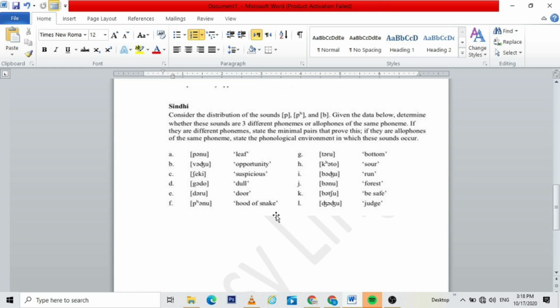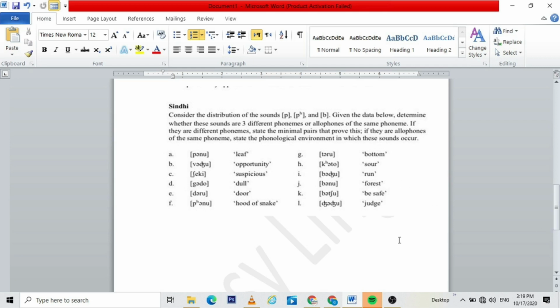This means that this is a minimal pair, and the question is whether these sounds are different allophones of the same phoneme, or just different phonemes. And because we have a minimal pair here, pino, pino, and bino, this means that these sounds p, p aspirated, and b are actually different phonemes and not just allophones of the same phoneme.